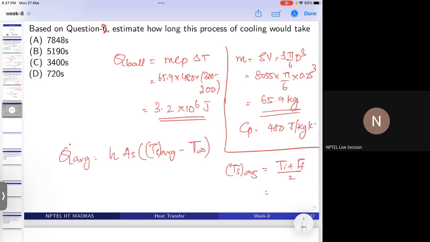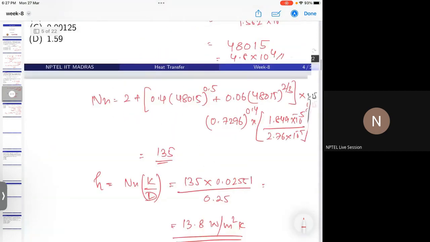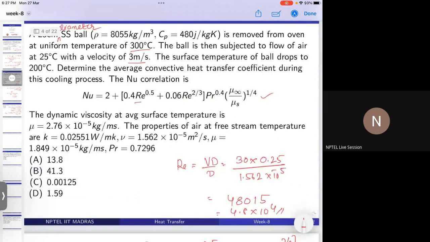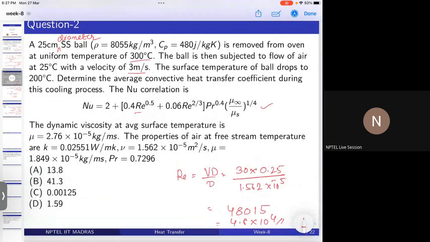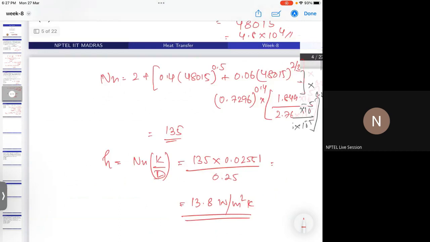Otherwise, you have to go with the lumped, sorry, I think we may not be able to use the lumped capacitance model. So you have to go with the semi-infinite solid or the correlations or graphs that we discussed in the previous session, the graphs for spherical bodies having transient heat transfer.